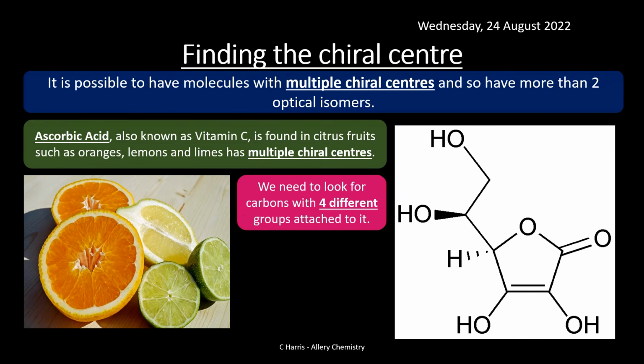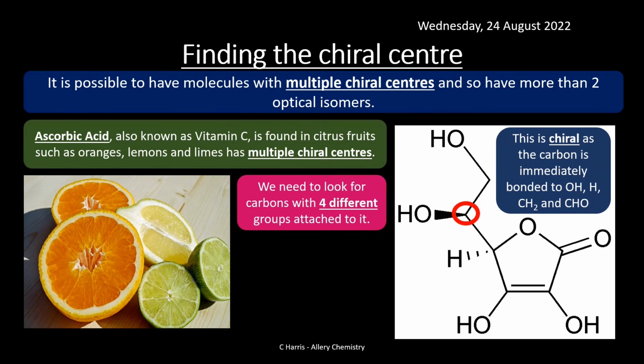Remember, we need to look for carbons with 4 different groups attached to them. See if you can try and spot it. You can pause the video if you want. Okay, so there's one there. This is chiral because the carbon is immediately bonded to an OH, which is on the side there.